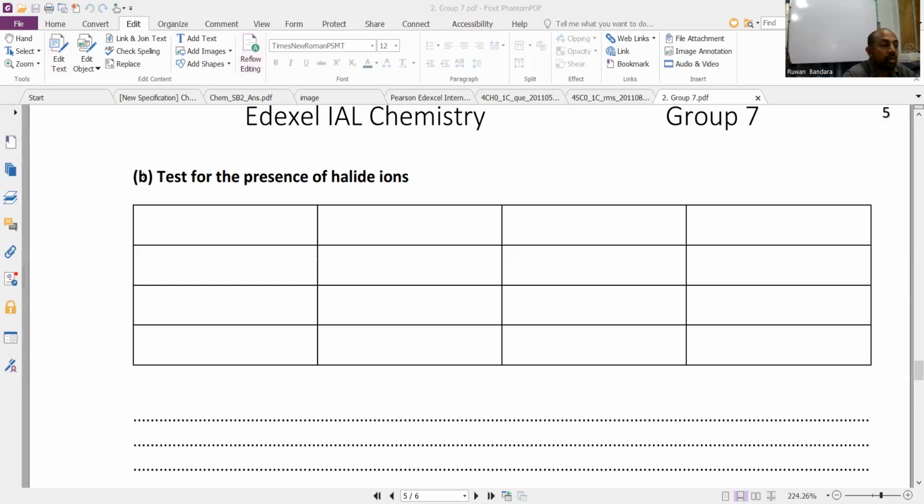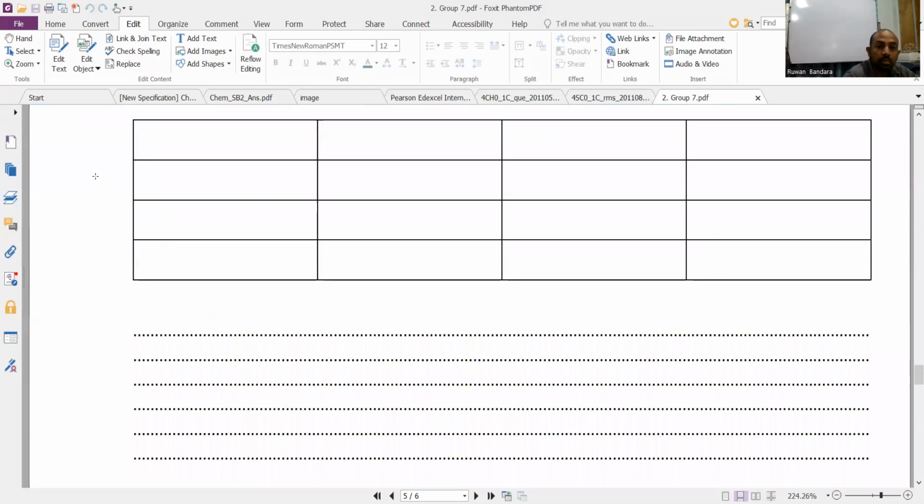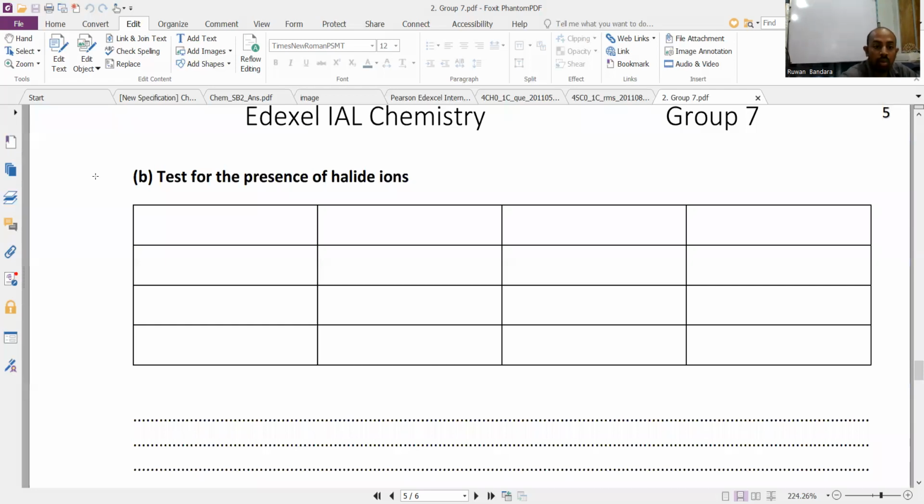Silver iodide does not dissolve in either. So in dilute ammonia, what did I say? Only AgCl will be soluble in dilute ammonia, NH3.